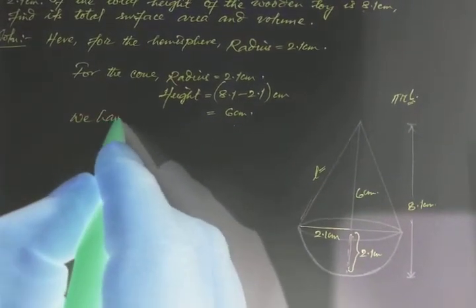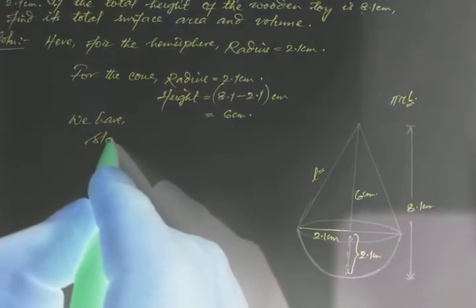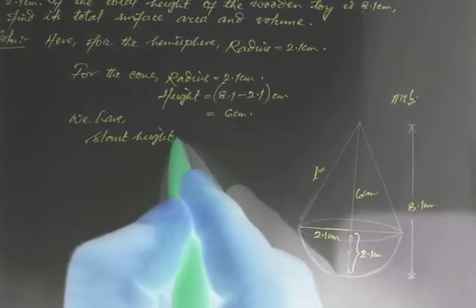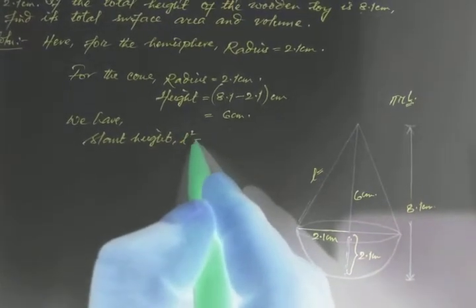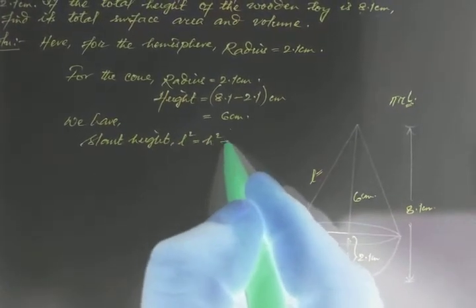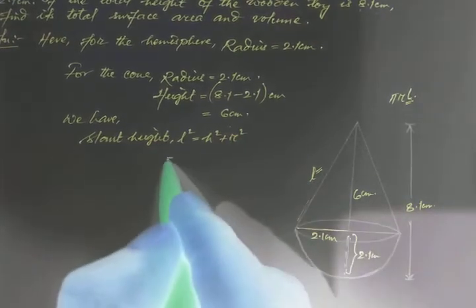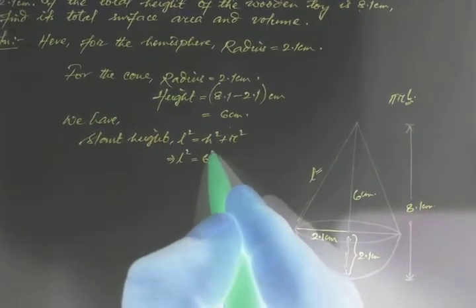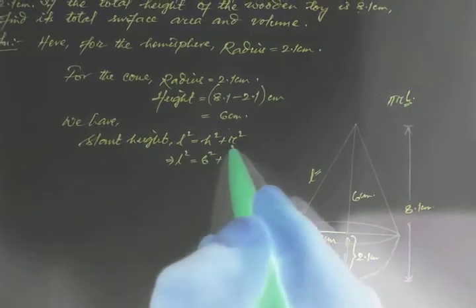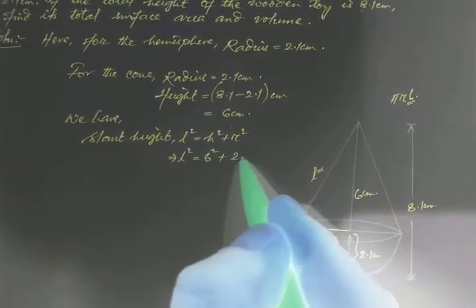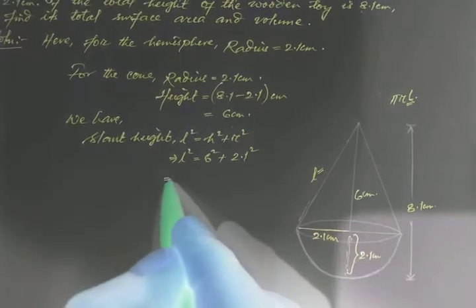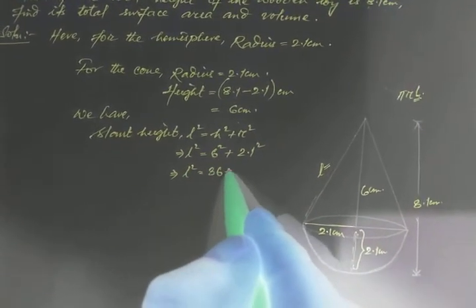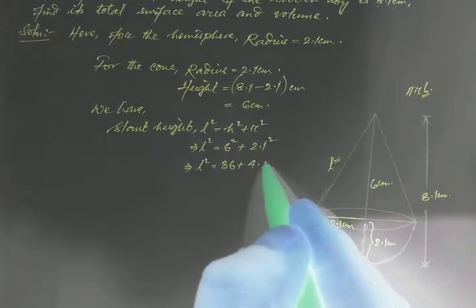We have slant height L square equal to h square plus r square. L square, h is 6 square, r will be 2.1 square. L square, this gives 36. 2.1 square will be 4.41.